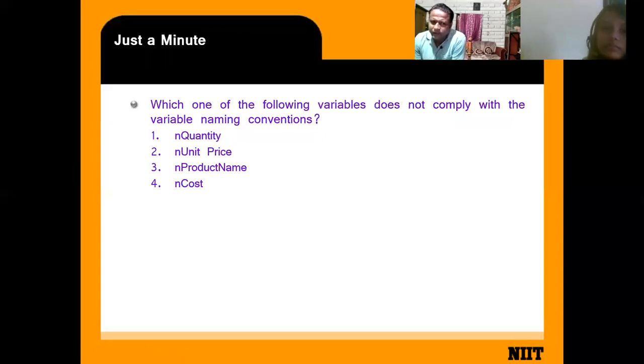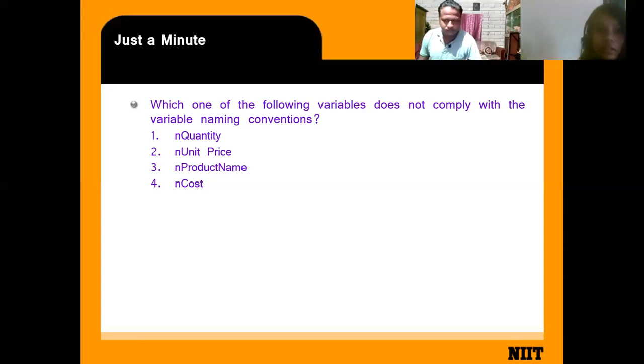Now tell me which one of the following variables does not comply with the variable naming convention. Which one is incorrect here? Sir, cost. In cost, why?